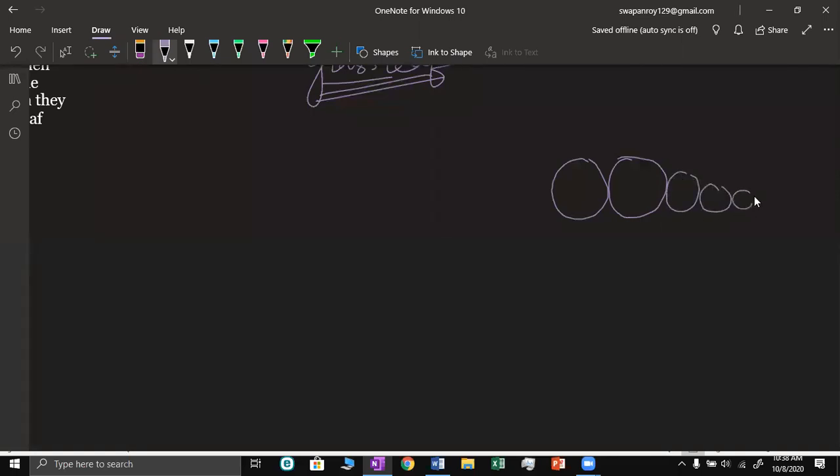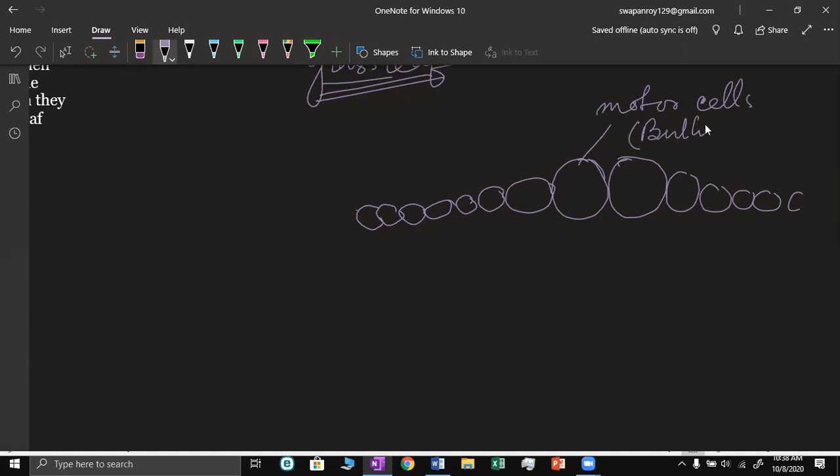Say this is epidermis, most of the cells are small and uniform, but some cells are very large and vacuolated. These cells are known as motor cells, or also known as bulliform.